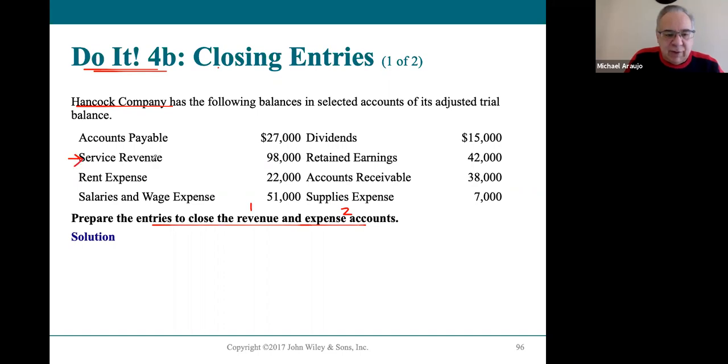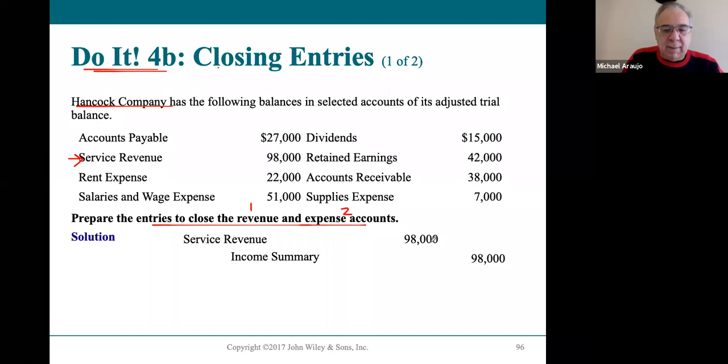So here's your service revenue. This $98,000 would be on the credit side of the account. Would you agree? So in order to close it, you're going to have to debit your service revenue by 98,000. That brings that to zero. And credit your income summary because you're moving that revenue all the way here.